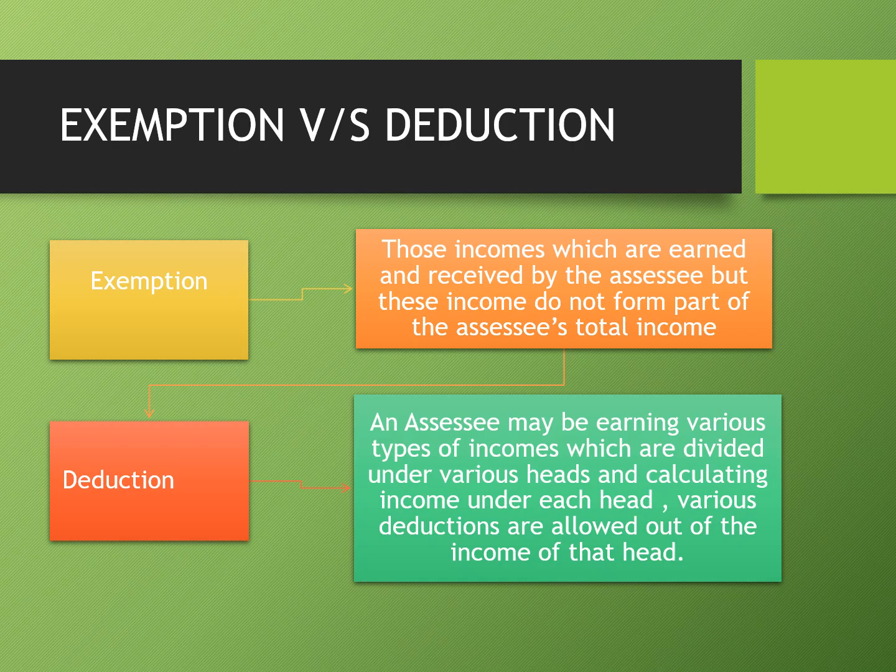If we have invested our amount in some avenues and the Income Tax Act has allowed deductions regarding those investments, then we can claim those and minimize our taxable income. That means it will be included in our total income, but by claiming deductions, we can minimize the taxable income. On the other hand, exemptions are those incomes which are not at all included in the total income of an assessee. So this is the difference. Got it?